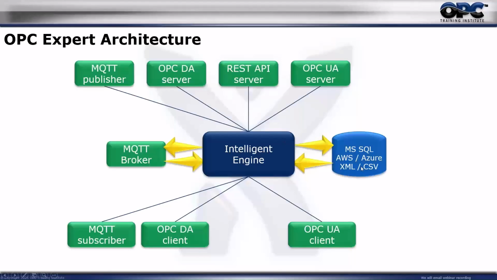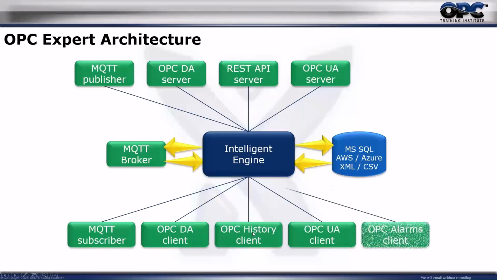Remember, since there's also stored data over here, OPC Expert also supports a history client. So there's OPC HDA, Historical Data Access, that's OPC Classic, and OPC UA HA to get history. Also OPC Alarms and Events for OPC Classic, or OPC Alarms and Conditions if you're using OPC UA.